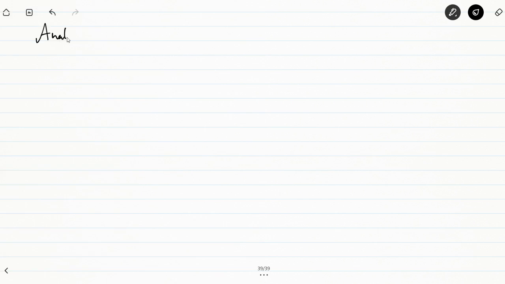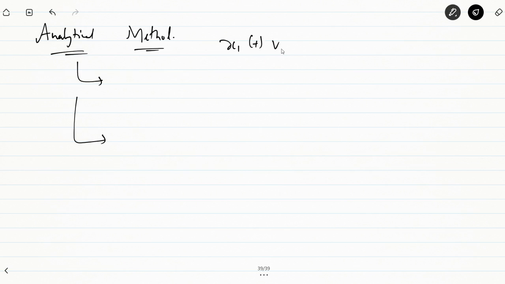So as far as the analytical method goes, again you have two ways of obtaining the phase portrait. You are basically trying to plot x1(t) versus x2(t). Fine. And as I've been telling you, the phase portrait method is applicable to second order differential equations.